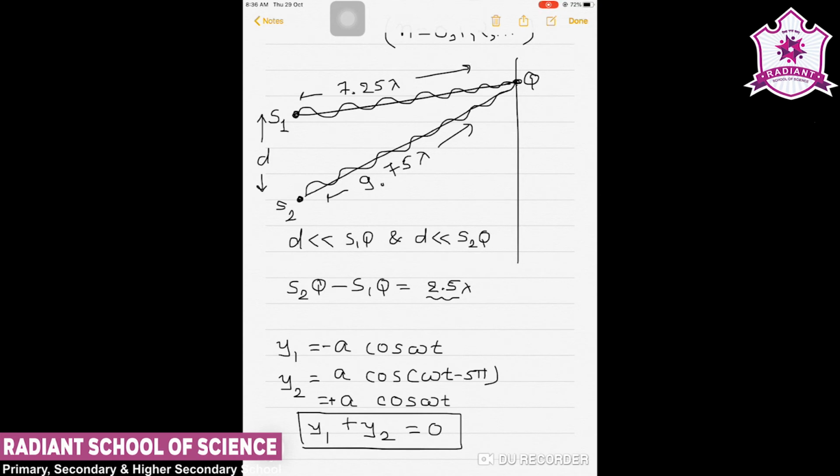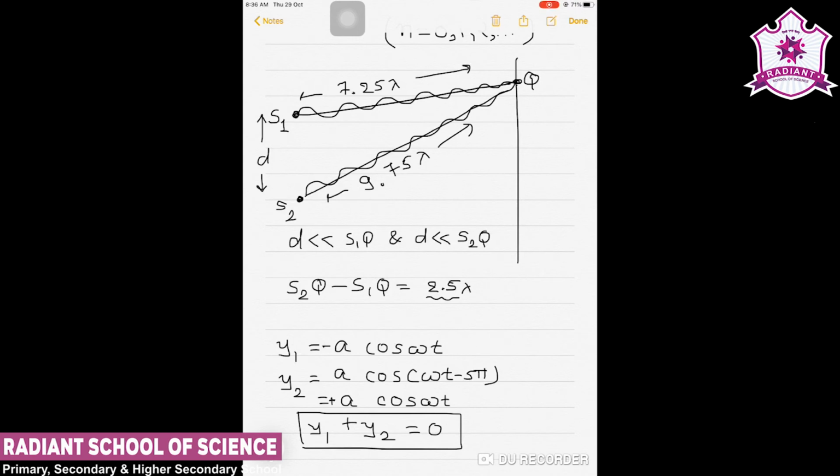Here we have used the fact that the path difference between them is 2.5 lambda, and that is the condition of destructive interference.